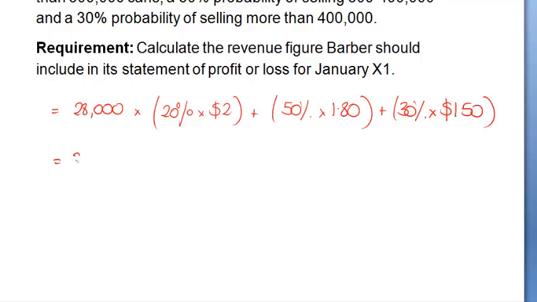And that means our probability weighted price is $1.75 per can. So we work out our price for the month as being $49,000. Now, as those probabilities change, so will all the totals. But it's something that will arise over the course of the year.